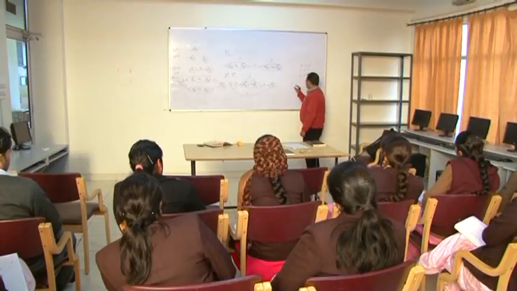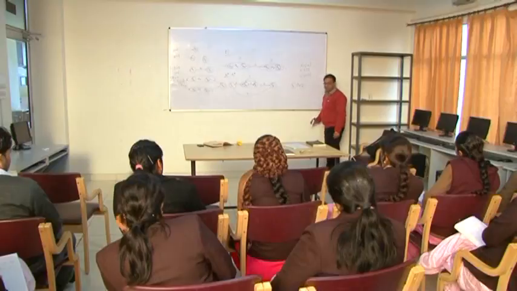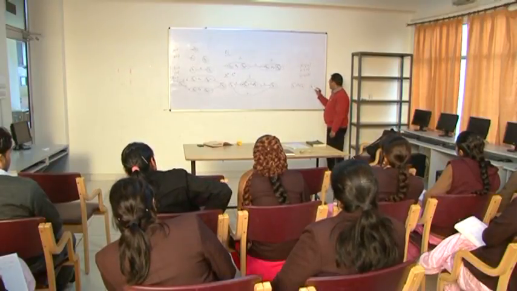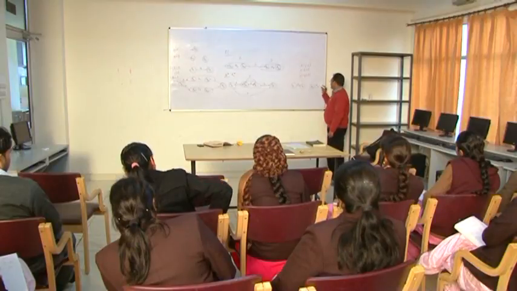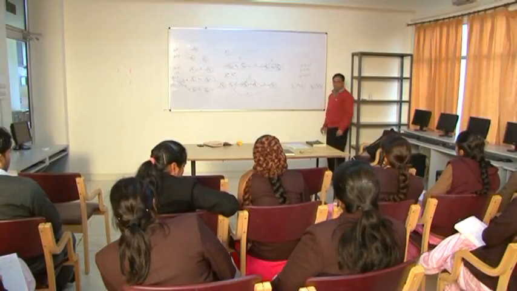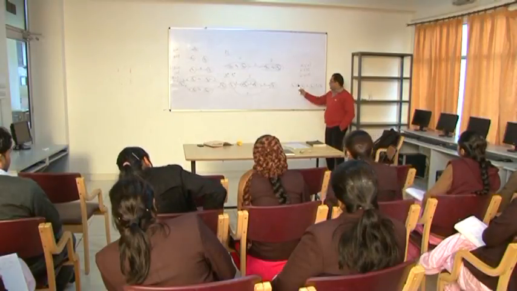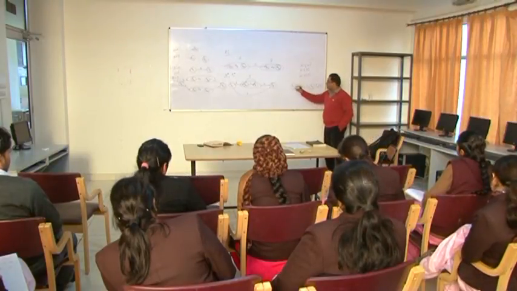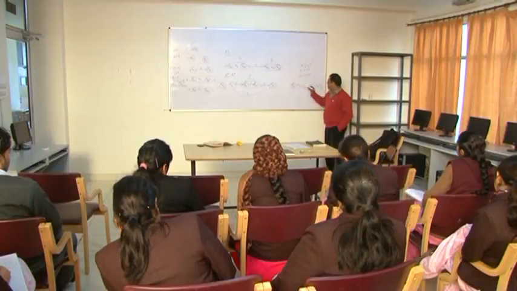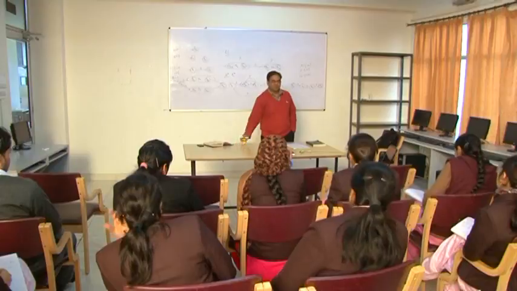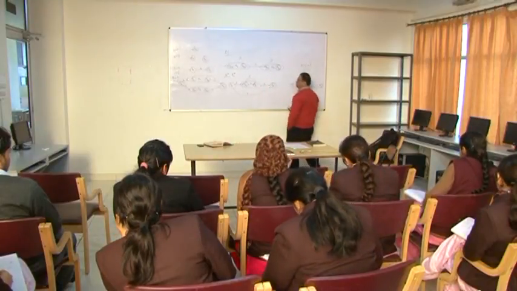So I write Q0, A, Q1. Here I write Q1, B, QF. Here I take an epsilon move. So AB will be accepted. This becomes the initial and this becomes the final state. Any more doubts?